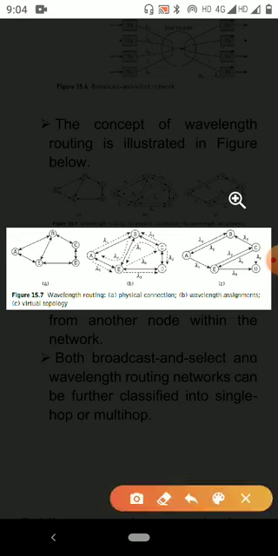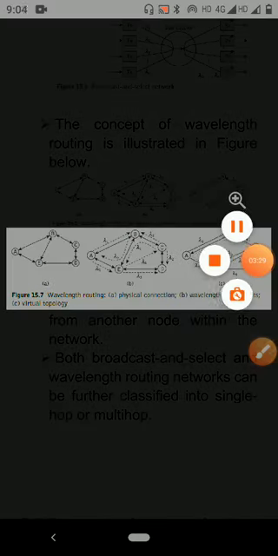There are 5 nodes. They are A, B, C, D and E. Using 3 wavelengths, that is lambda 1, lambda 2 and lambda 3, any network node can transmit or receive a signal from another node within the network.